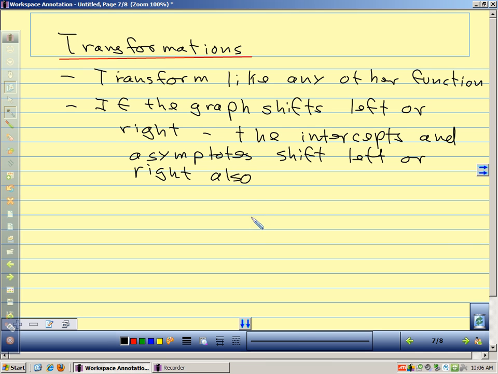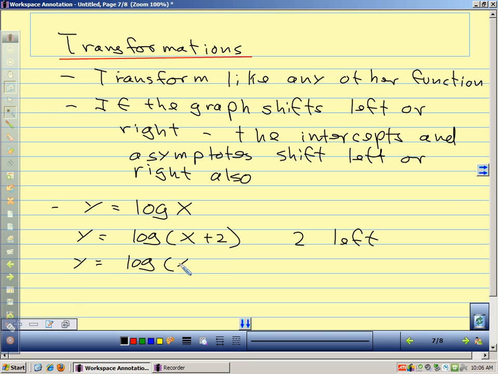I'm just going to write a couple of examples. We'll just use log base 10. If y equals log of x, then y equals log of (x plus 2) is going to be a shift to the left. If y is log of (x plus 2) minus 3, that's going to be 2 left and 3 down.